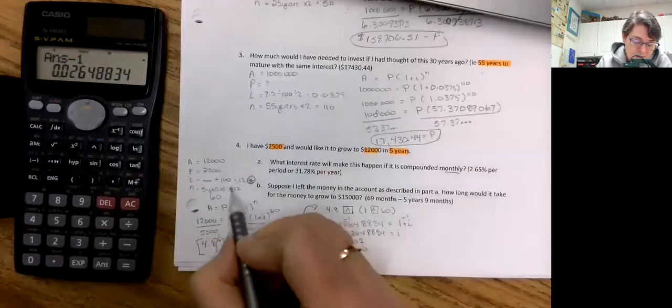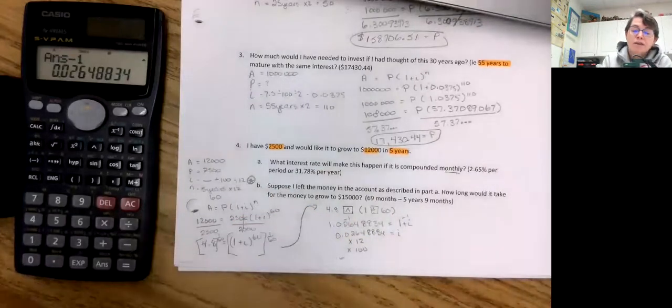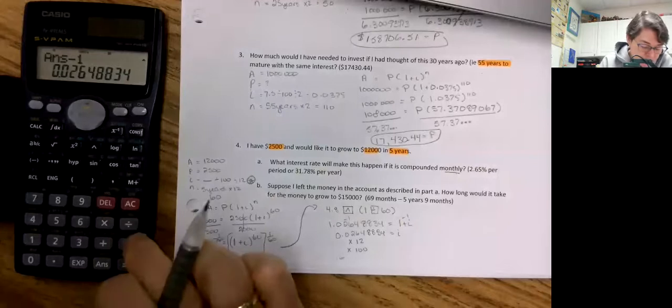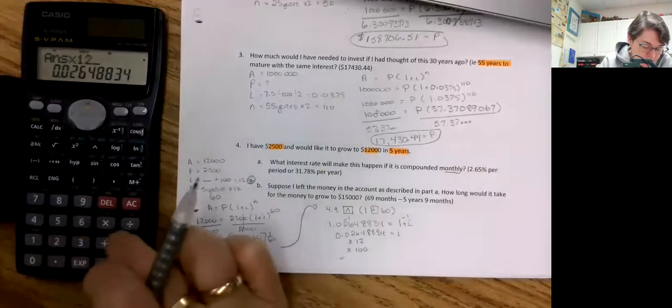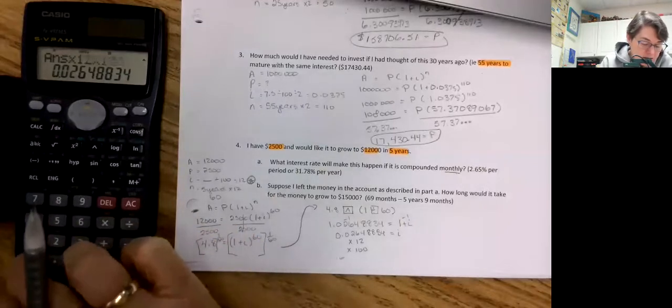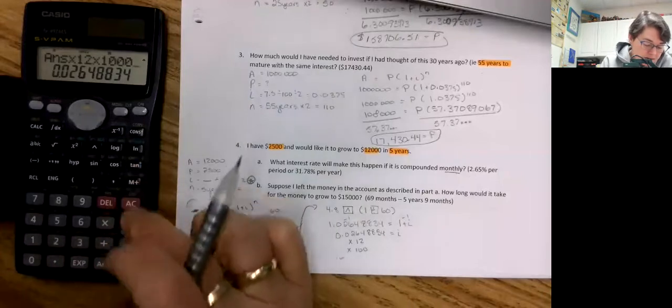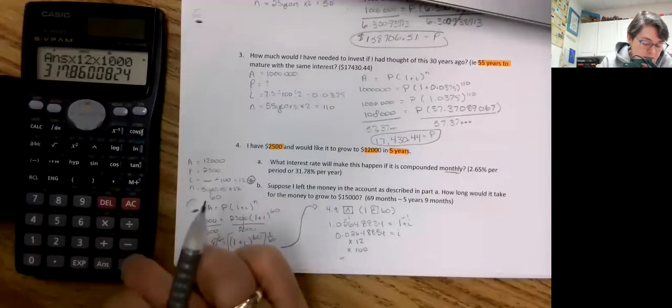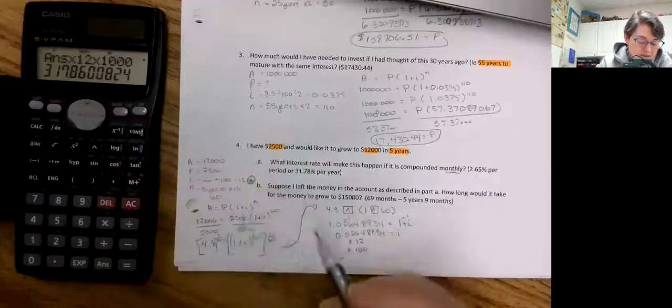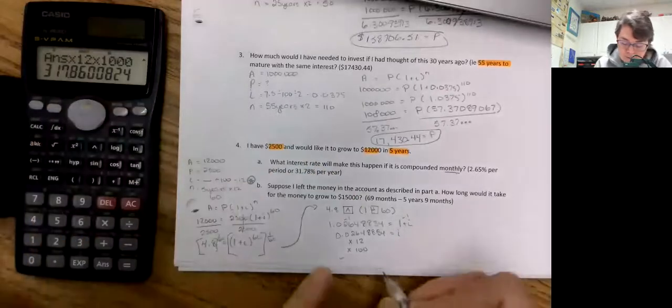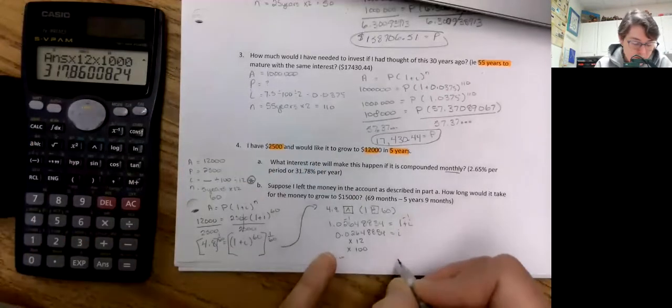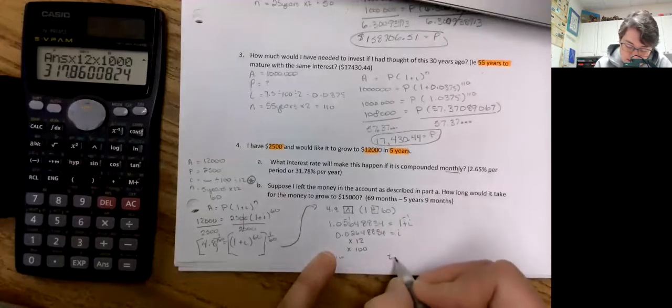So if I want to go back to have interest per year as a percent, I need to adjust. So times 12 times 100. I went times 1,000, so that moves my decimal. So it's 31.7.